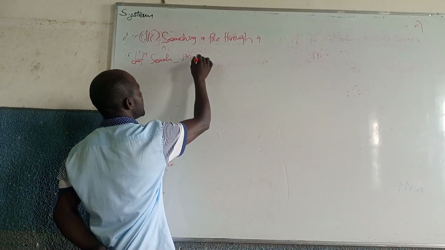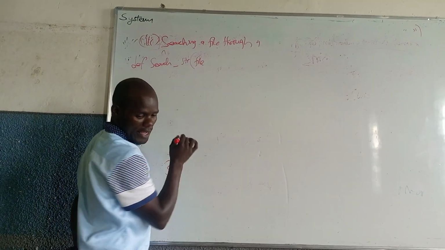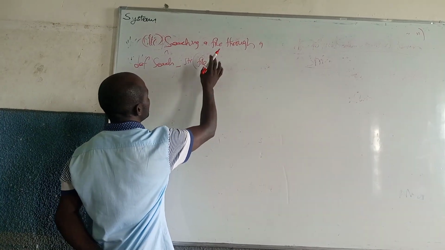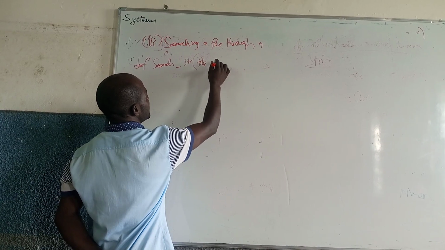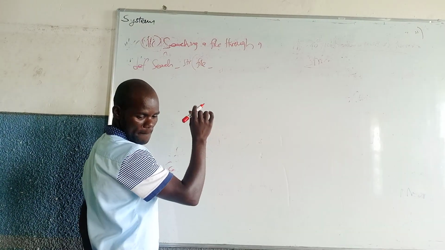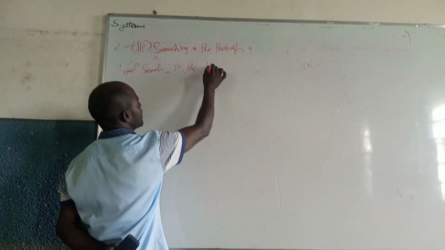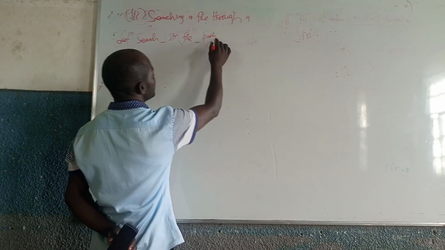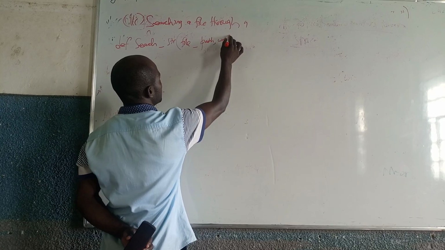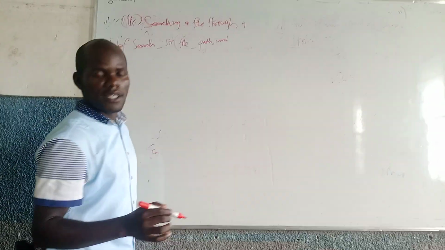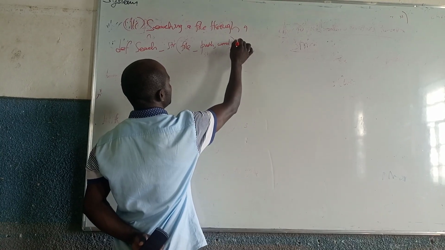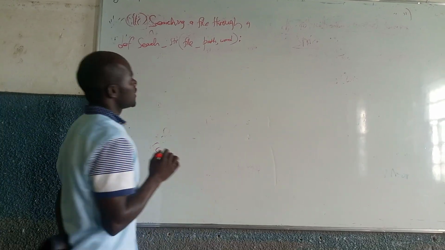We open the bracket, we say file, underscore, path, then comma, word. Then you close the bracket, then you put the colon.